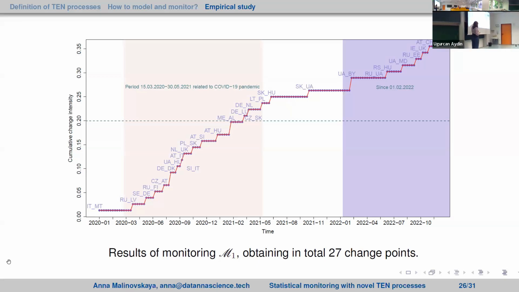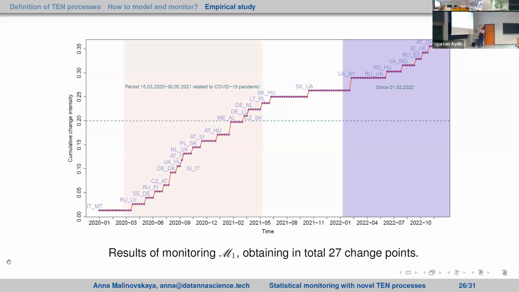And of course you can expect a lot of signals during the pandemic, then a very light period where nothing really happens. And then we start having interesting things. We, of course, expect something to happen between Russia and Ukraine on the electricity market, or in general even on this physical level.